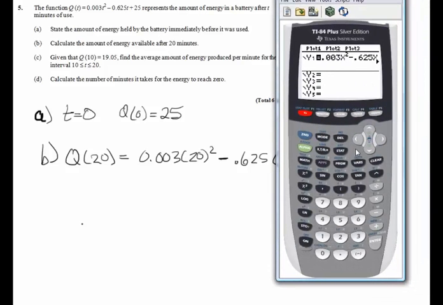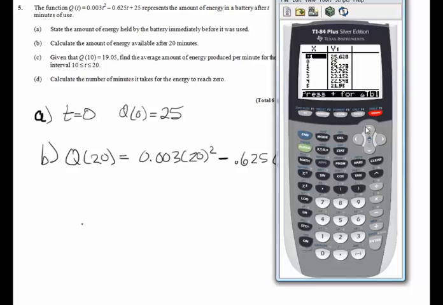From there I would just go up to my calculator. You can see I've typed it into the equation, and that's one possible thing to do, or I can go and type all this in. I'm actually not going to do that for a moment, just to show you a neat little trick. Because I've typed it into the equation, I can go over to a table, and here are all the x values.